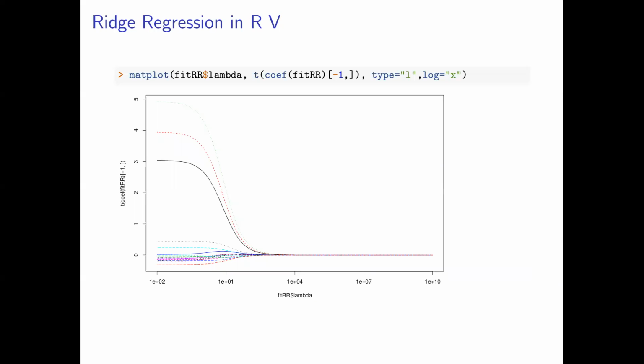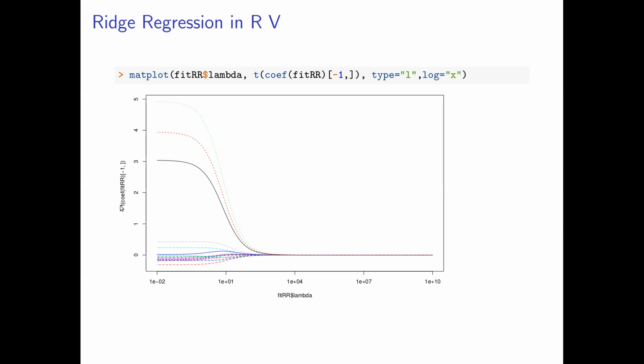So what does this look like visually for all our parameters? Here on the x-axis, we have the lambda values increasing from very, very small sizes, 10 to the power of -2, to very large sizes, 10 to the power of 10.